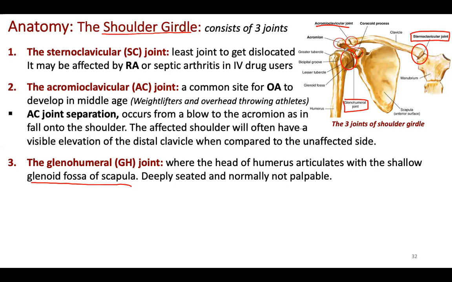We call these 4 muscles the rotator cuff. So the major function of the rotator cuff of the shoulder is to maintain stability of the glenohumeral joint.